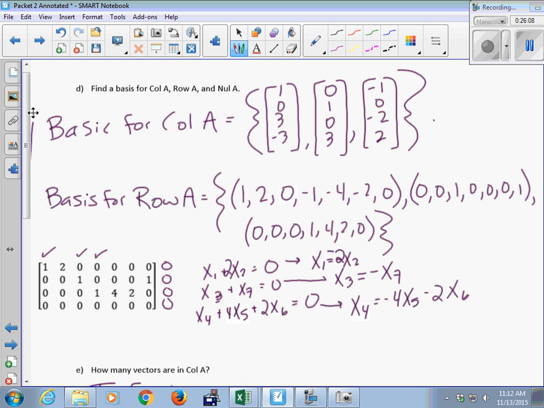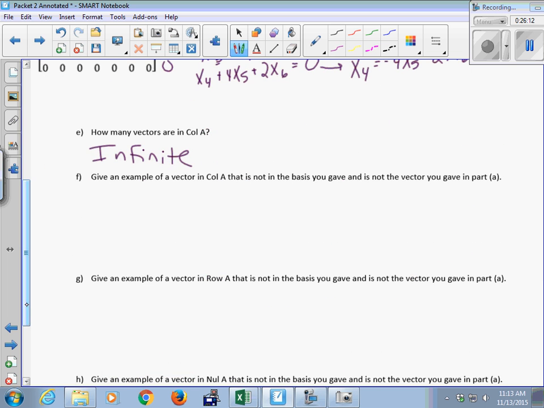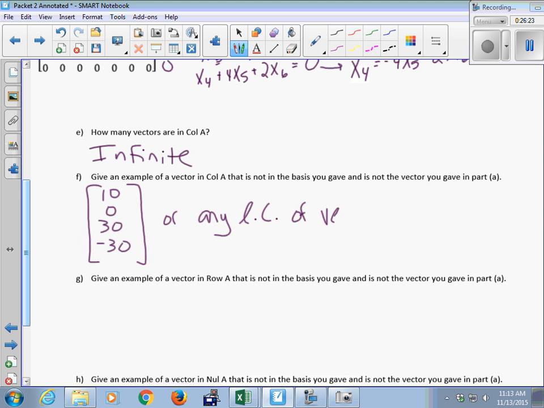Any linear combination of your basis vectors. That's a good one.